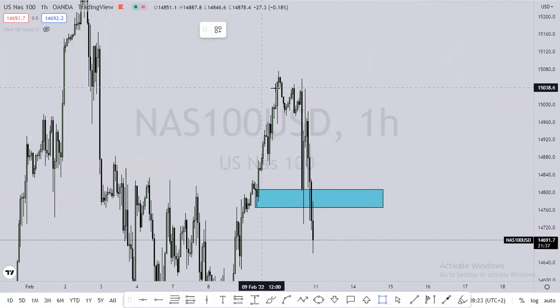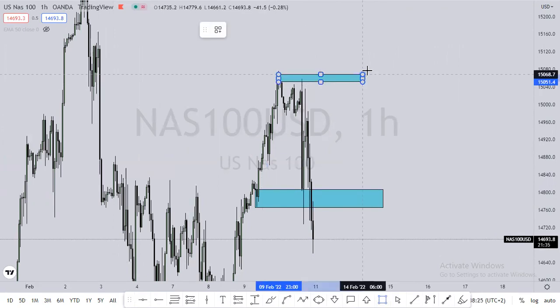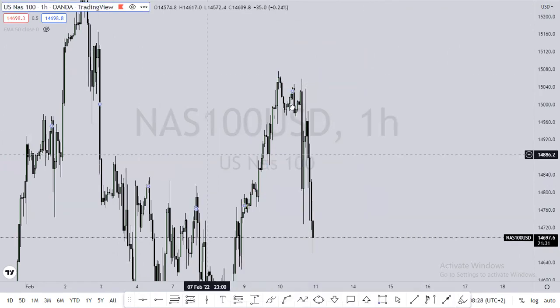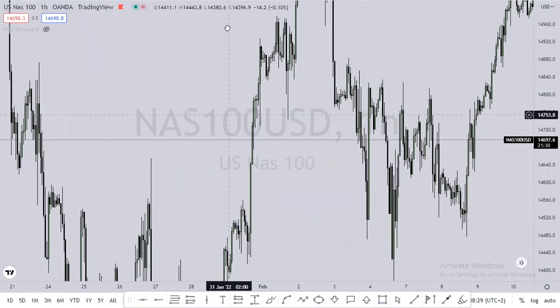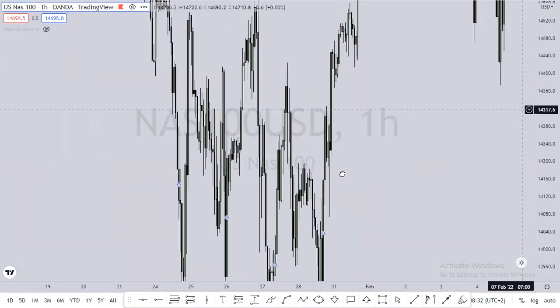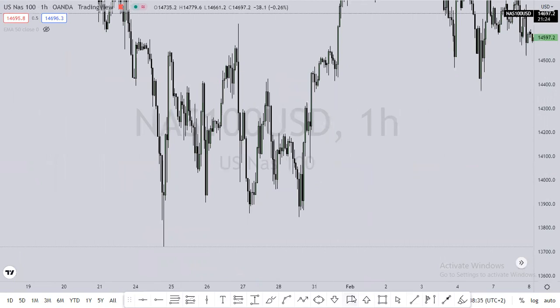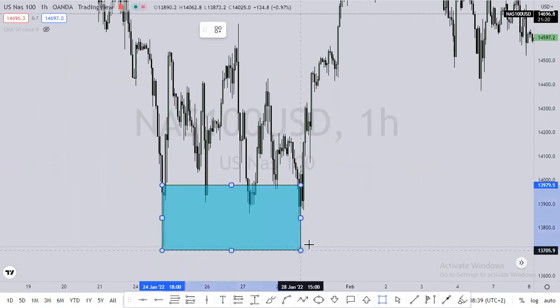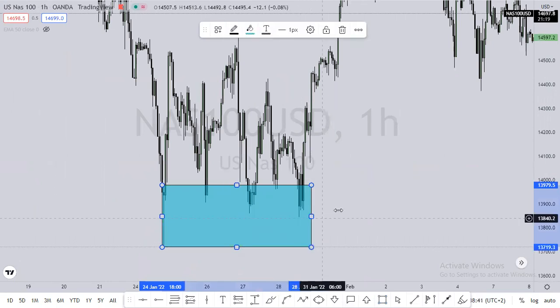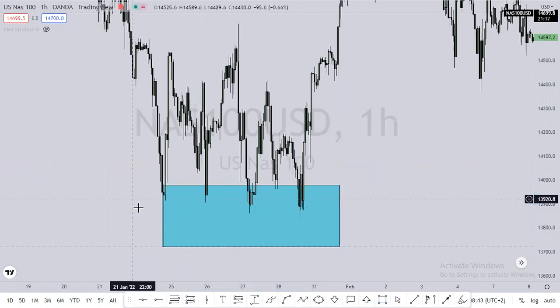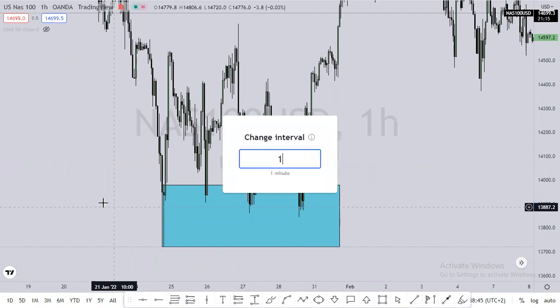As you can see, body and wick. But for an order block like this, I would draw from wick to wick because it's not a full order block. So I draw from wick to wick. As you can see, this is quite a big order block.